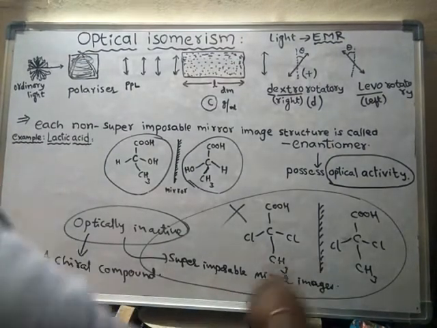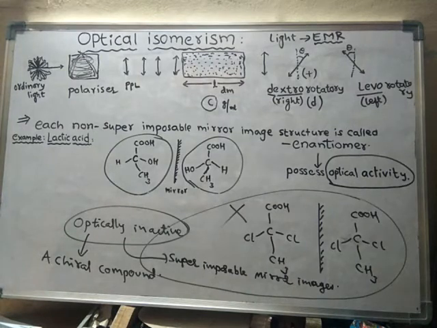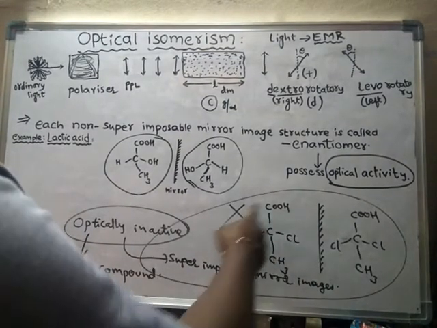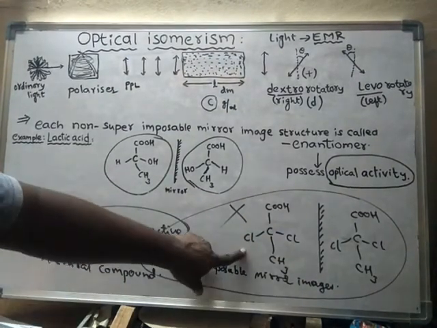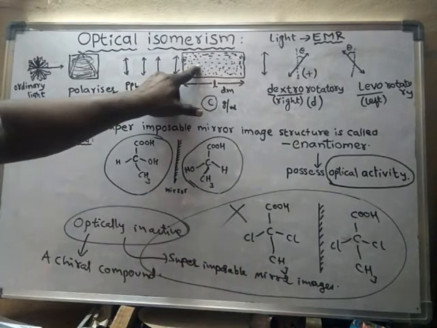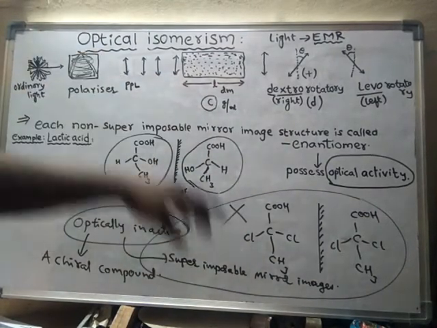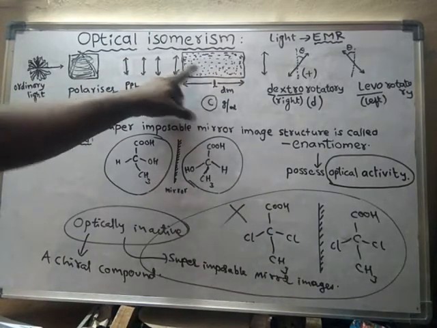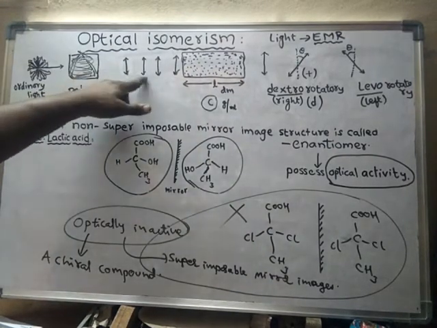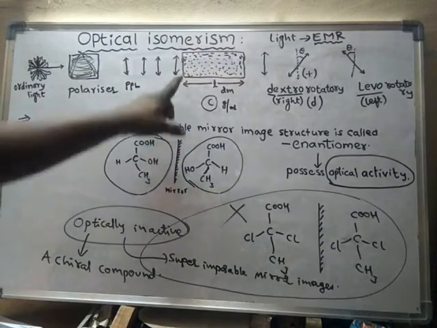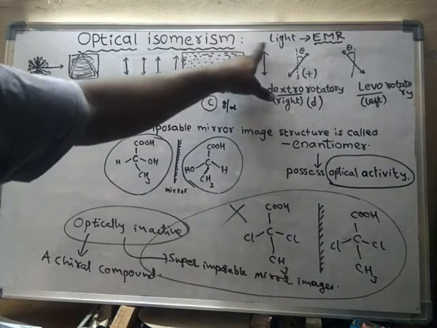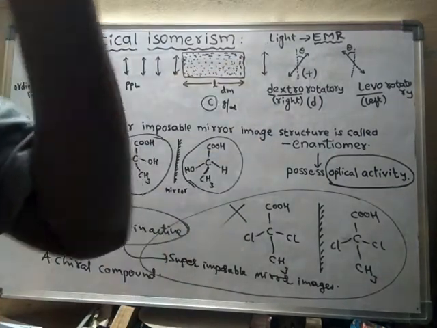These two are mirror images, but they are superimposable. Hence this is said to be optically inactive. That means if I keep this compound in this glass tube and send plane polarized light into this substance, the plane polarized light will come out without any deflection, without undergoing any rotation.